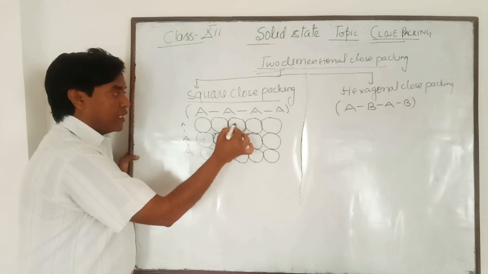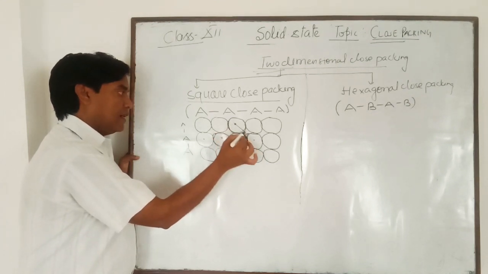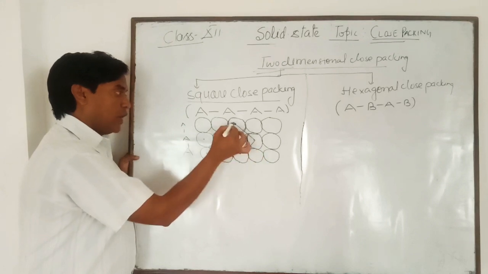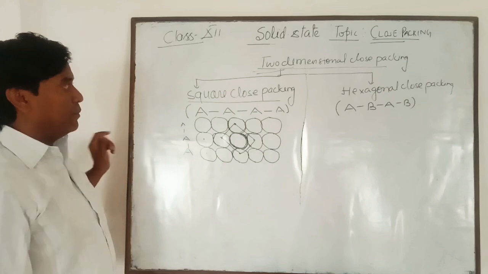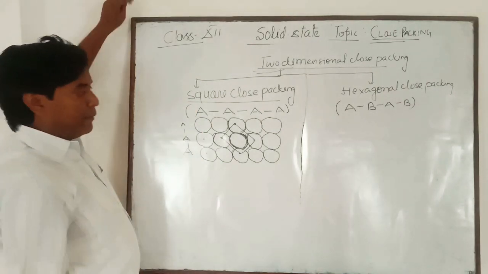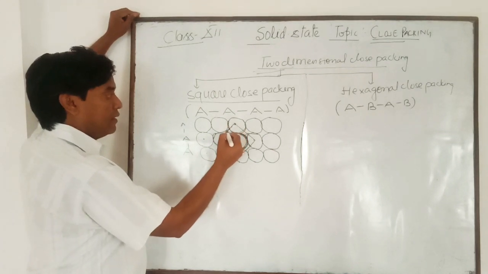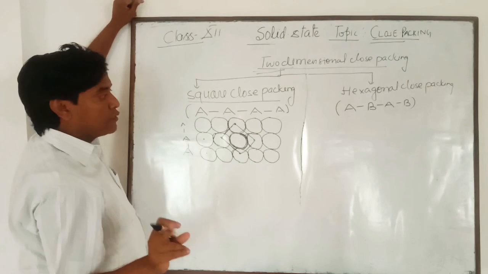The center of the sphere is this. If these centers are joined by straight lines, then they generate a square shape. That's why it is known as square closed packing. In square closed packing, the coordination number of a constituent particle is 4.